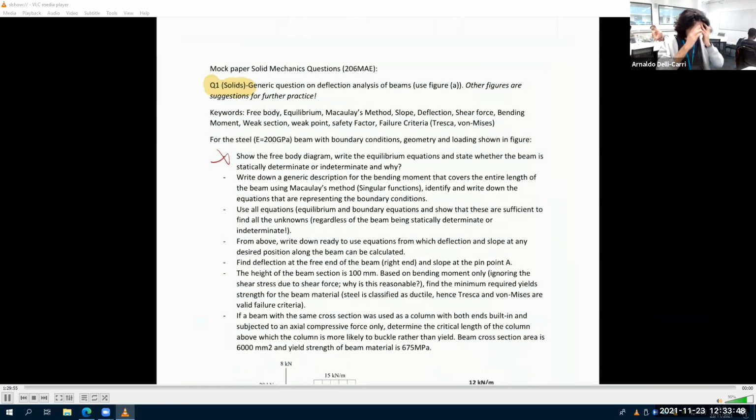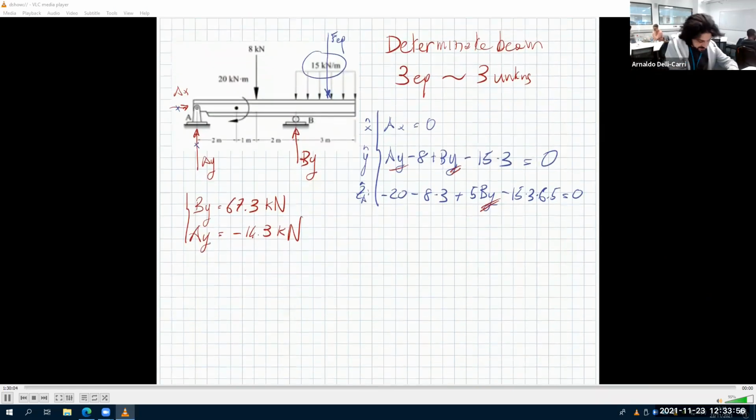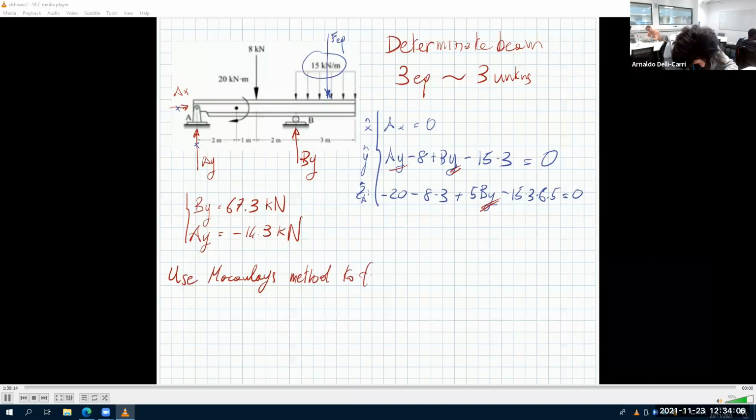Write down a generic description for the bending moment that covers the entire length of the beam using Macaulay's method. Now, we need to use Macaulay's method to find M of x. Do you remember Macaulay's method?